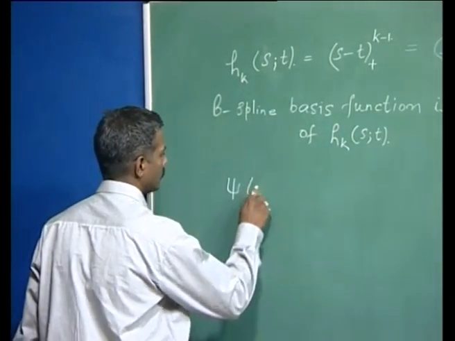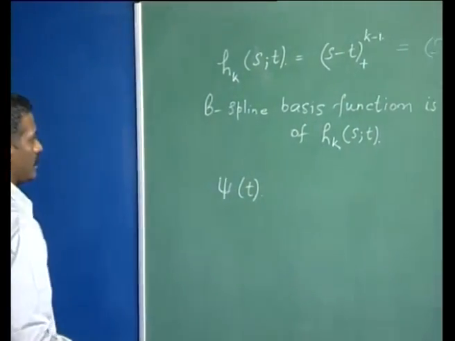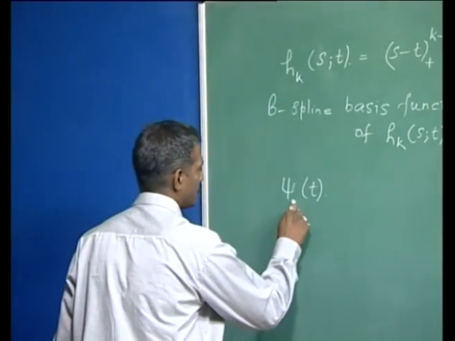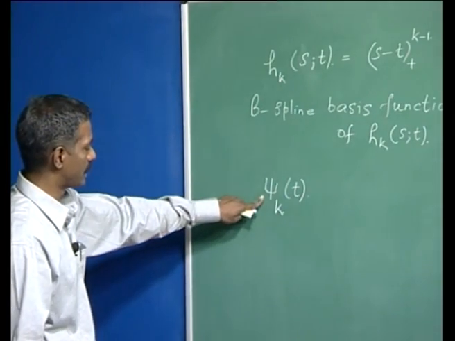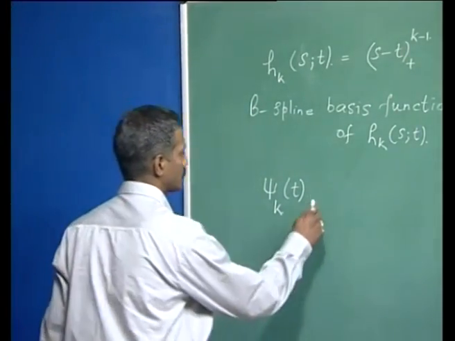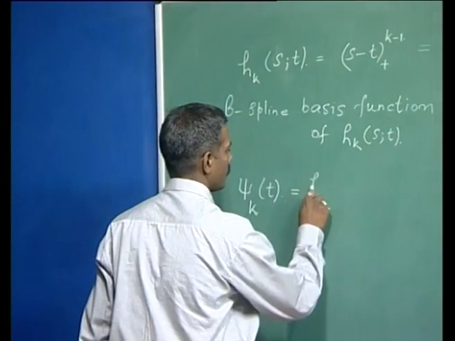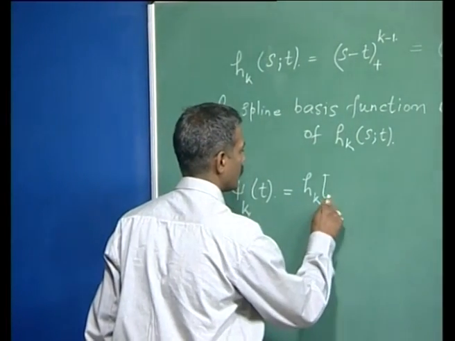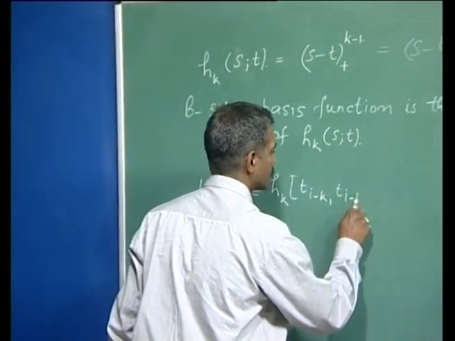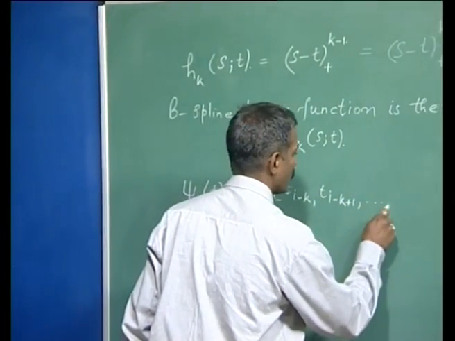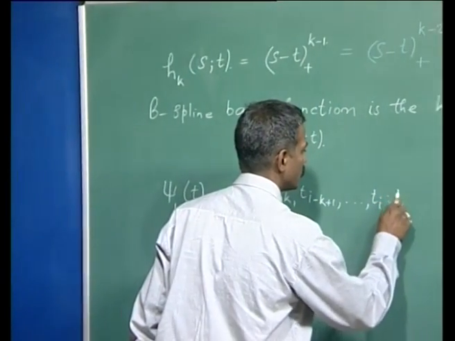Psi of t, and I'm going to be introducing a subscript here to represent the order of the B-spline basis function, is equal to h_k(t_{i-k}, ..., t_i; t).